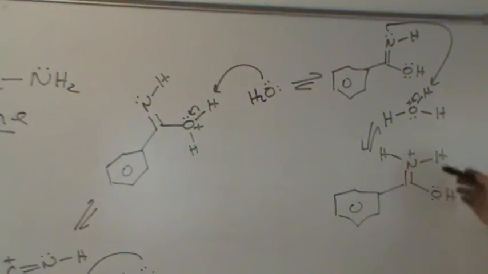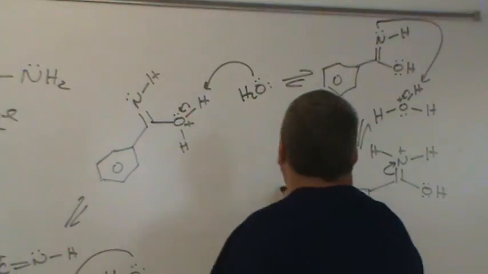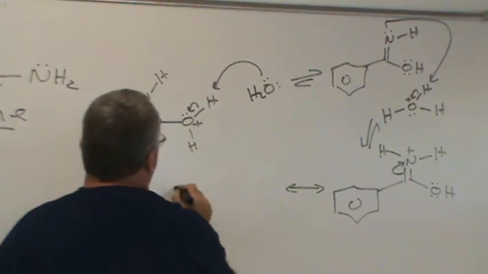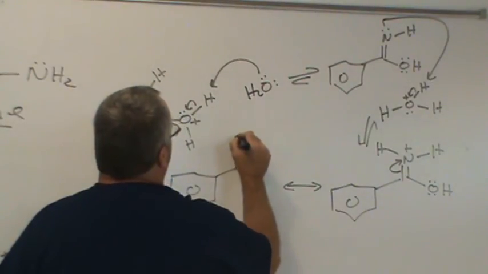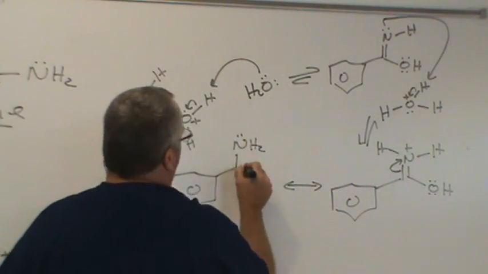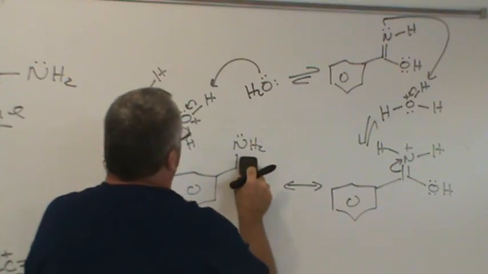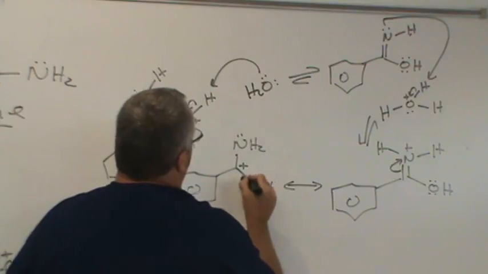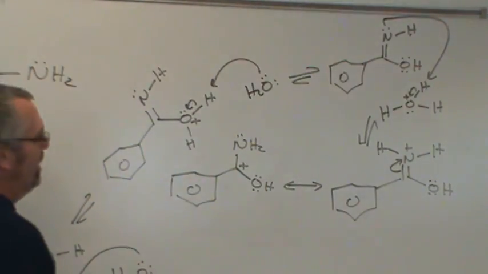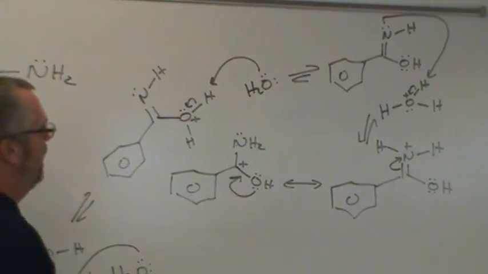I generate this iminium ion looking thing. I can move those pi electrons out there and draw a new resonance form for this. There's my new resonance form. And in fact, I can draw another resonance form. I can delocalize the charge out onto that oxygen.